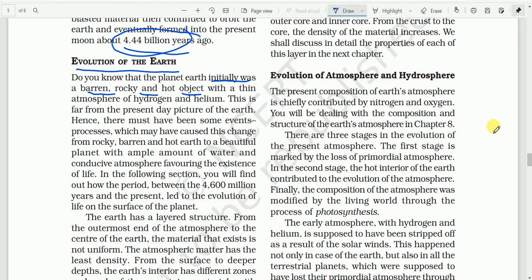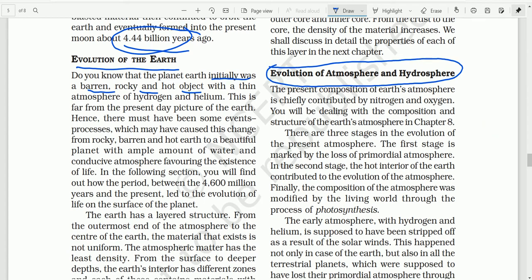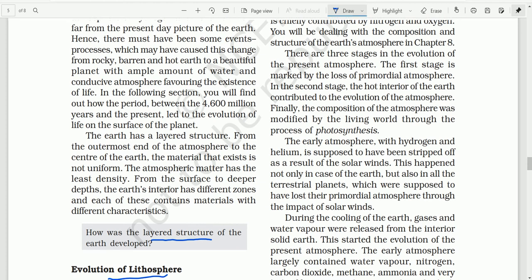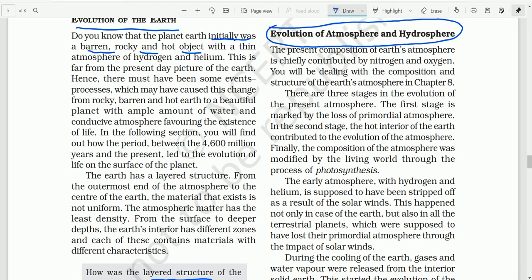Next, you have learned about the evolution of layers, and now let us discuss the evolution of the atmosphere and the hydrosphere, how the present day atmosphere and hydrosphere evolved. We have to read this small paragraph. It mentions that there are 3 stages in the evolution of the present atmosphere.